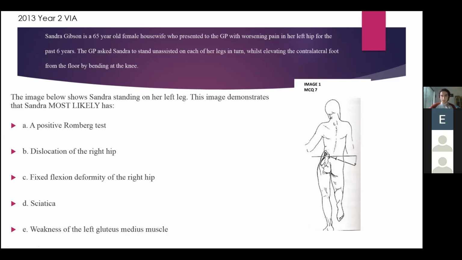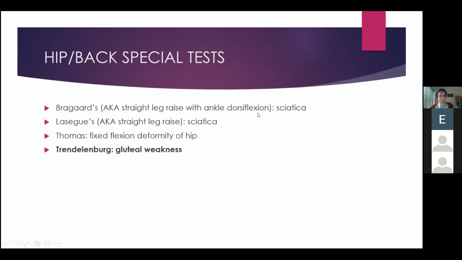It's Trendelenburg. Romberg is cerebellar dysfunction, and this one is just any weakness of the glutes. You can basically do this one on yourself.